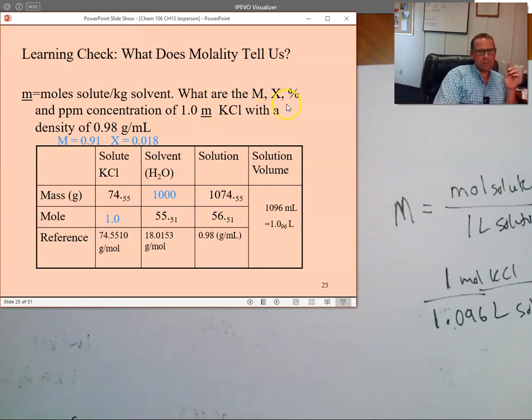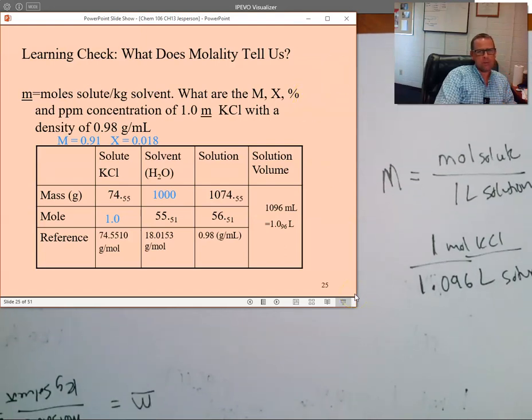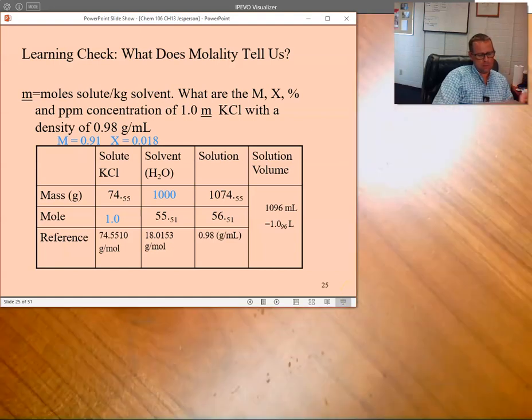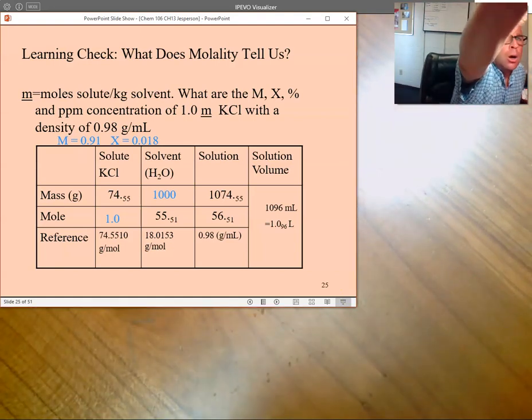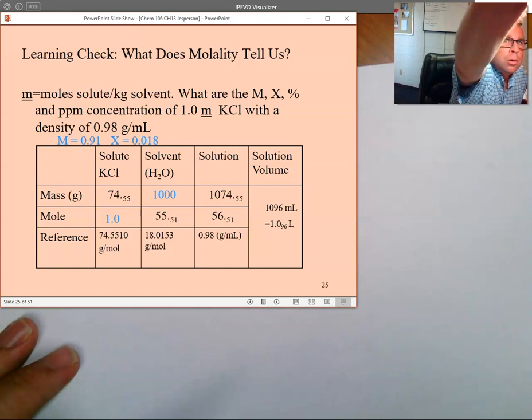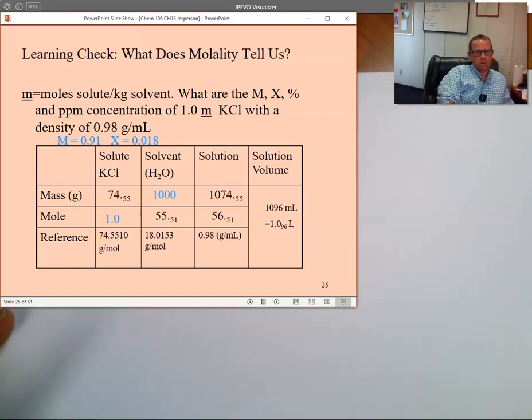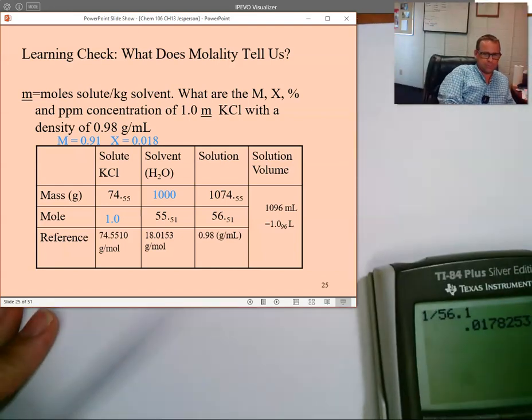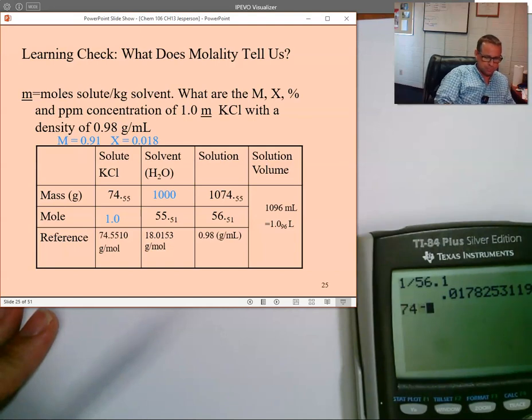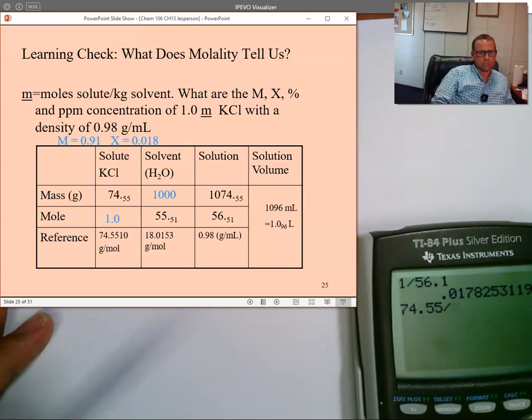Sarah, do you want to give us our mass percent as well? Or did you do mass percent last time? Go for it, Sarah. Mass percent. So the mass of the solute, 74.55, divided by 1074.55.